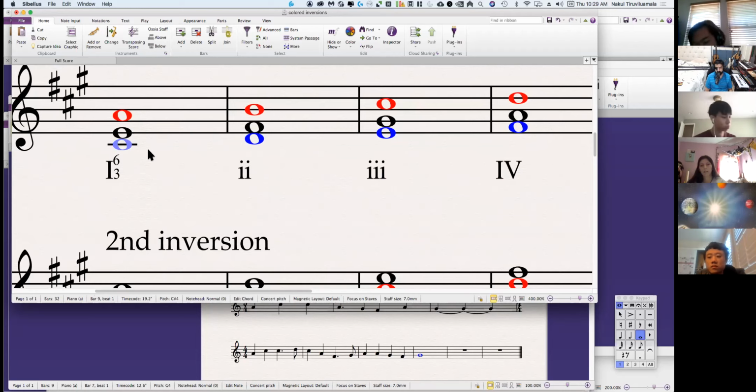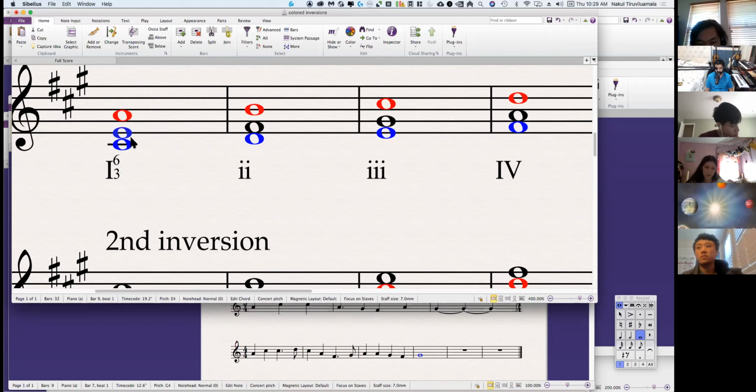We just need the numerical interval without the qualitative prefix. It's good to know both, but for the sake of identifying the inversion using figured bass, it's useful to just think about the interval. So you have 6 here, which corresponds to the 6, and then we have a 3 here, which corresponds to this third.